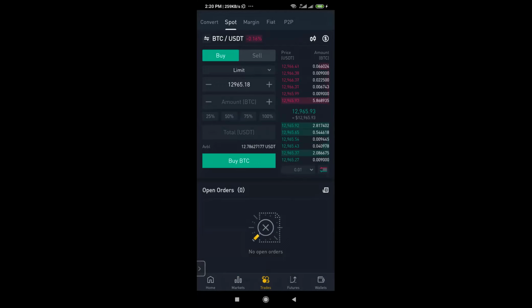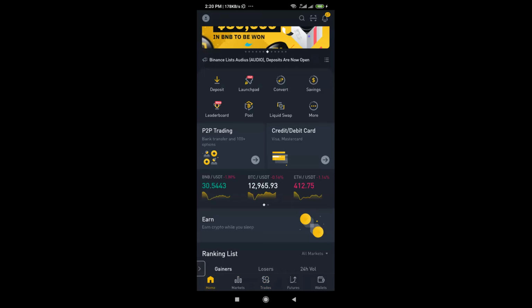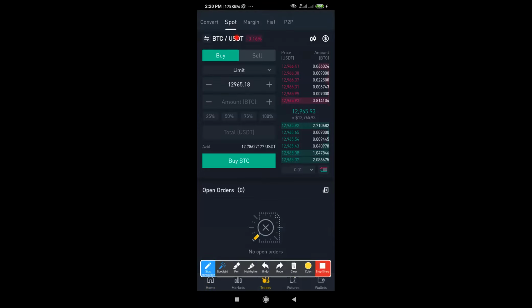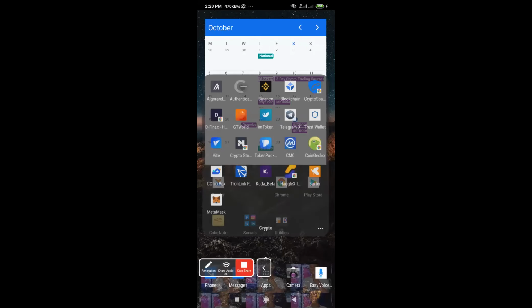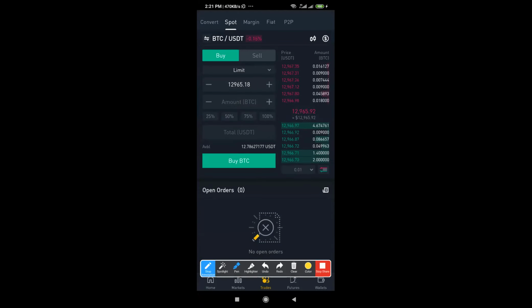So this is where I am, and I want to buy BTC. This is limit order. Here you click to get the different kinds of orders. Click on limits.